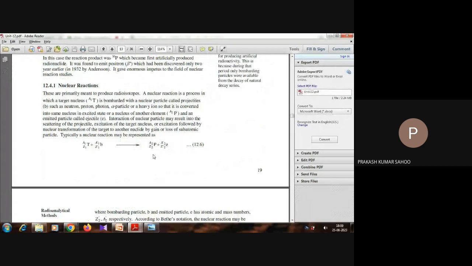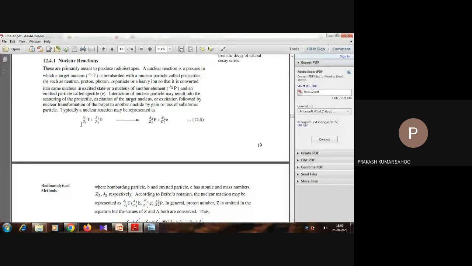Then we have nuclear reactions, and this is the general nuclear reaction representation. The radioisotope T, with atomic number Z1 and mass number A1, is bombarded with a high energetic radioactive particle or high energetic subatomic particle with atomic number Z1 dash and mass number A1 dash.